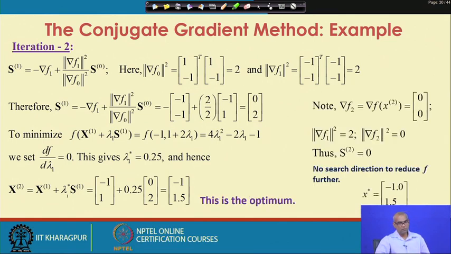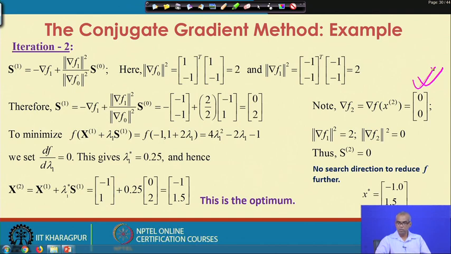In fact, x 2 equal to (minus 1, 1.5) is the optimal solution. To check this, let us find the gradient at x 2, and we find that the gradient is (0, 0). Gradient equal to 0 is the first order optimality criterion, if you remember.